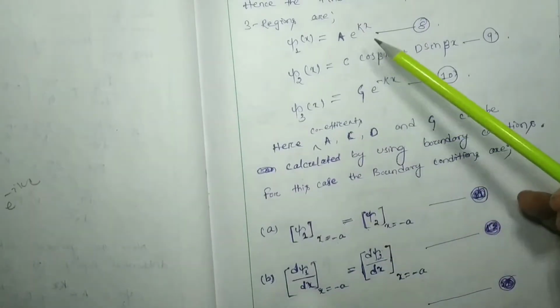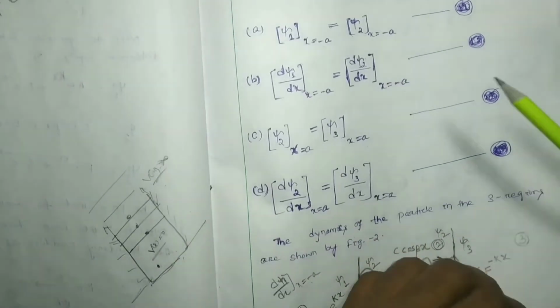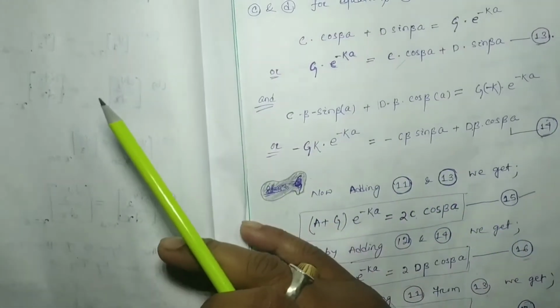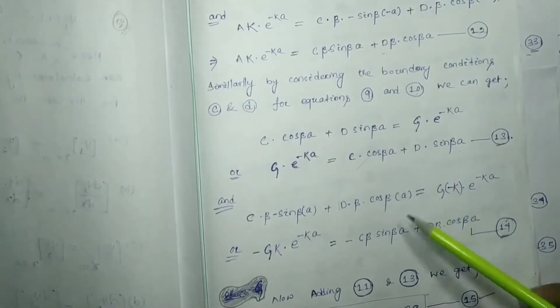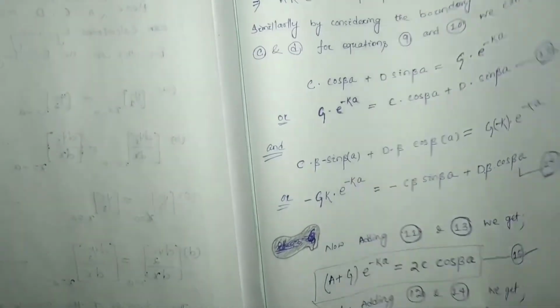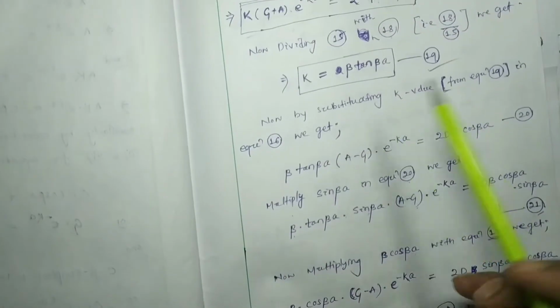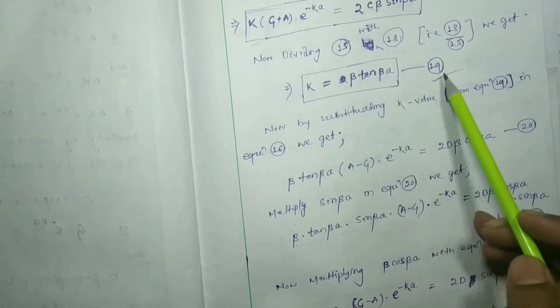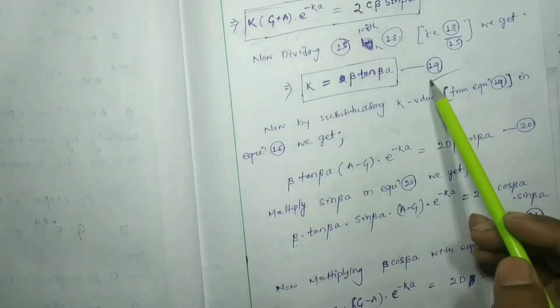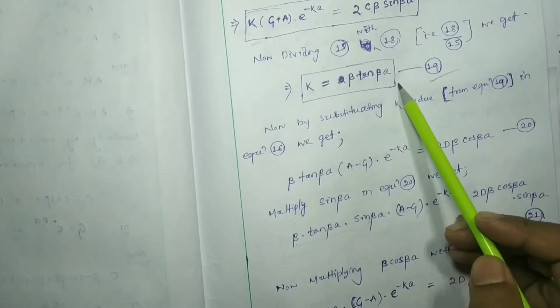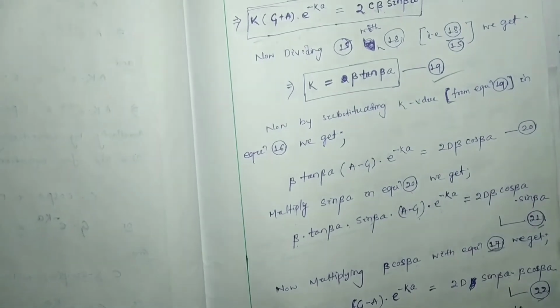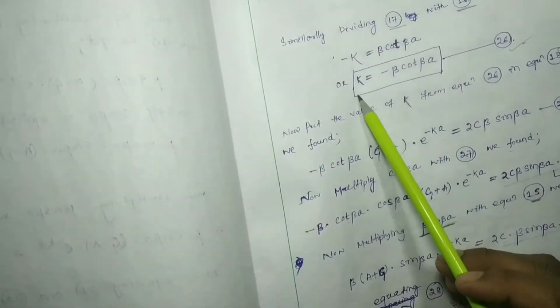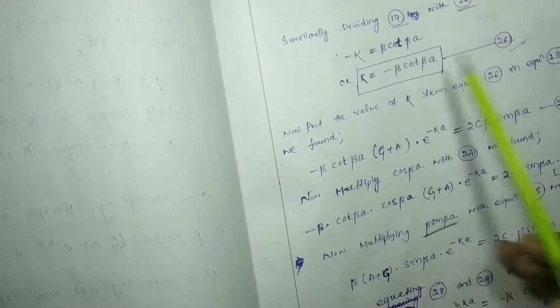Finally we got the solutions of the three regions, considering the boundary conditions, and after simplification the major equation is this one, equation 19: k equal to beta tan beta a. This is the major equation, because it has applications in our preceding sections. Another relation we got is k equal to minus beta cot beta a.